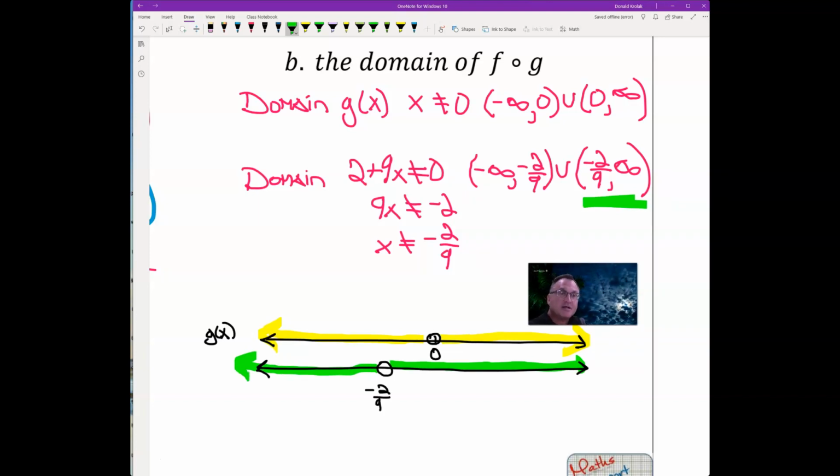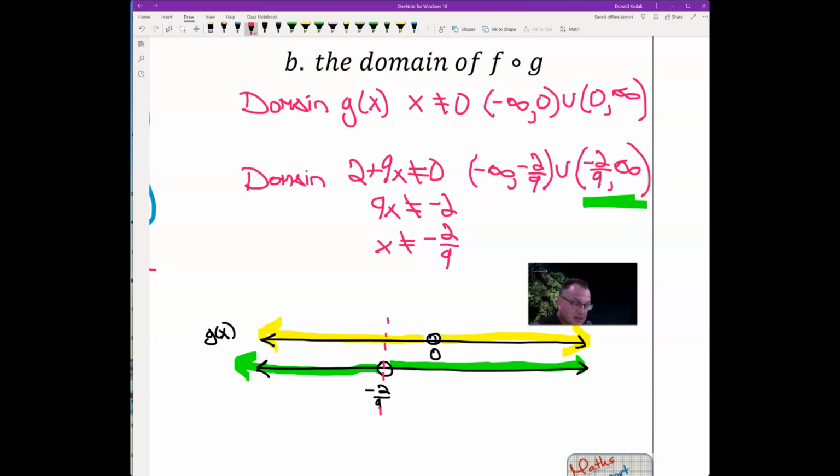Now, anything that is both yellow and green is going to be the domain of our composite. All right, so if we go this green section right here and this yellow section up to negative 9 over 2, it's both green and yellow, but not at 9 over 2.